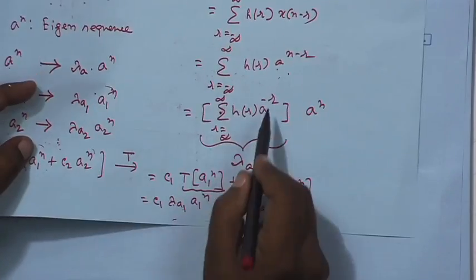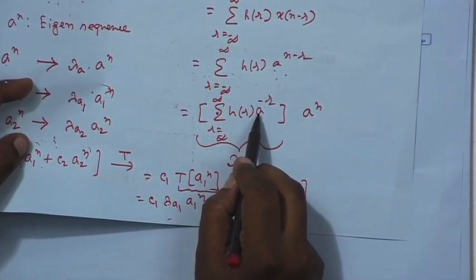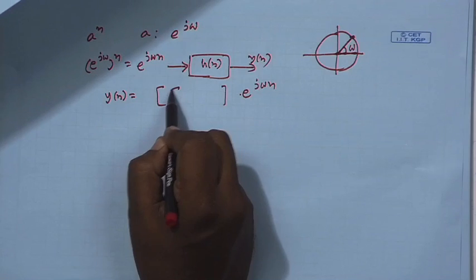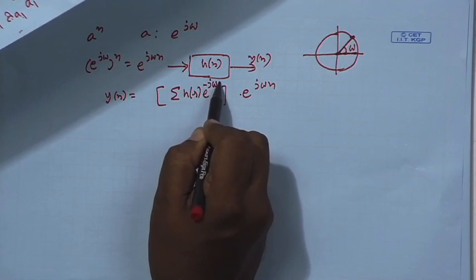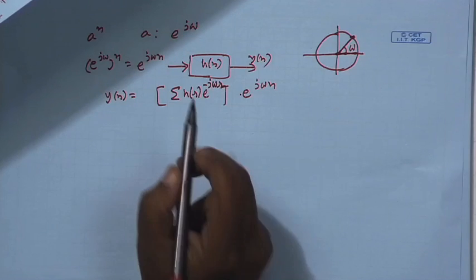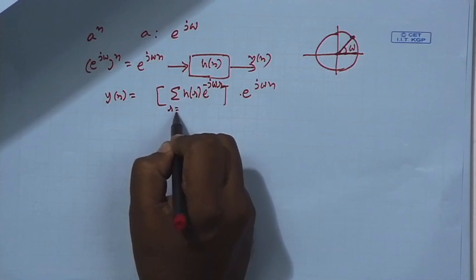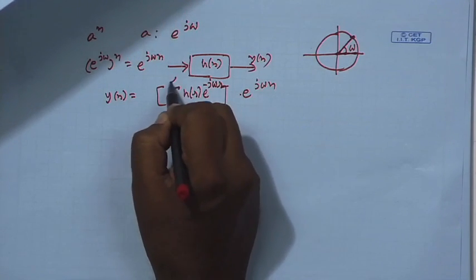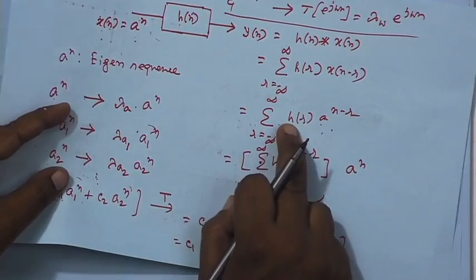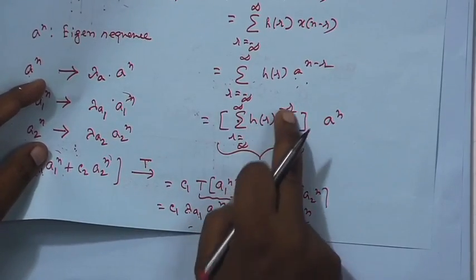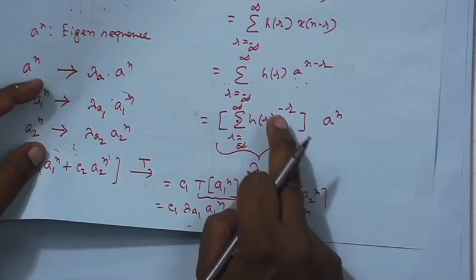But what is the eigenvalue? I have to carry out this sum, where a is e to the power j omega. So, this sum will be the sum of h r e to the power minus j omega r.